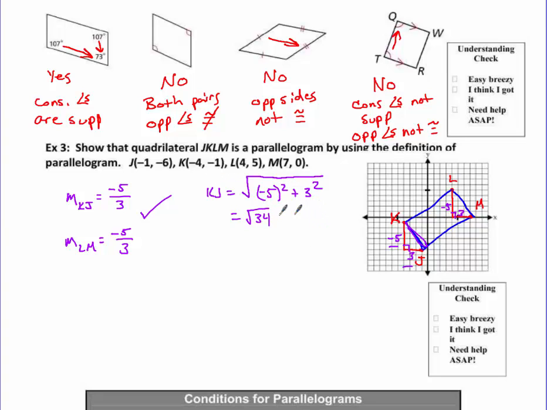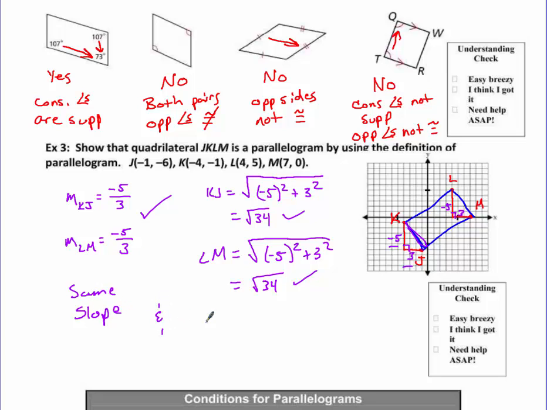Because we don't care how long it is, we just want to see if LM is the same length. And it's going to be also -5 squared plus 3 squared, which is the square root of 34. So we have that KJ and LM have the same slope, and they're congruent. So those two opposite sides are parallel and congruent.